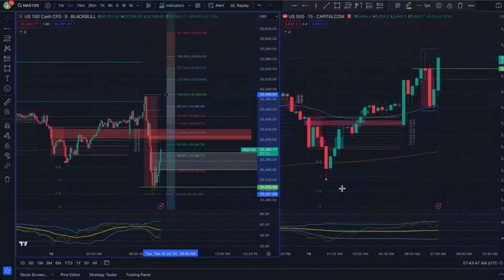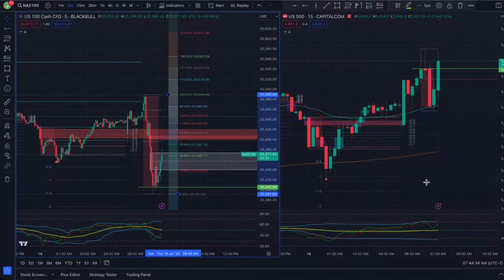US 500 still up there. Seeing a little bit of resistance in that fair value gap now.